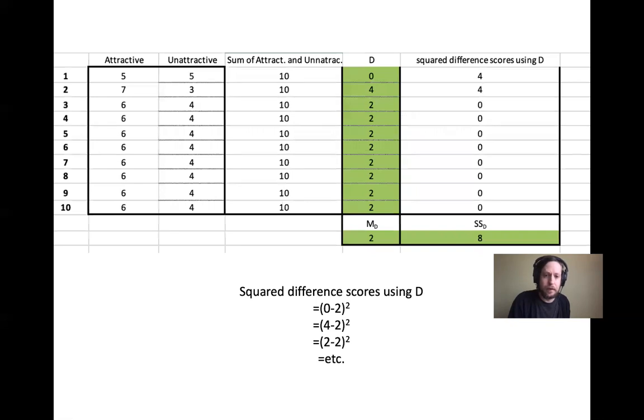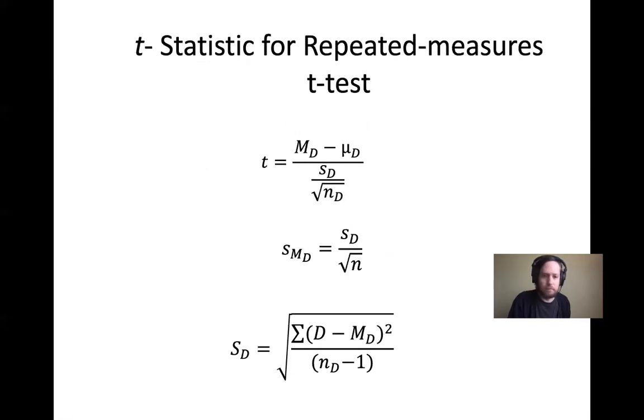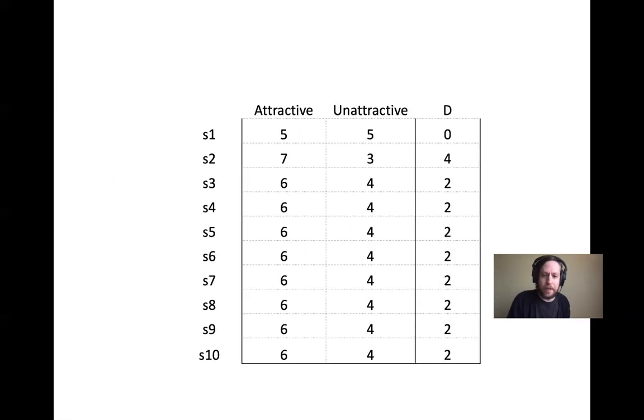Dr. Rosenthal? Yeah. For the n, it has the subscript d, but do you do anything special to it? Nope. All that means is you can either count the amount of participants or you can count the number of d's. You notice how there's 10 participants and there's also 10 d's. The reason why the D is helpful is because you want to make sure that you're not counting the number of scores.